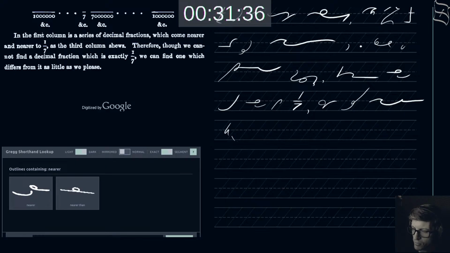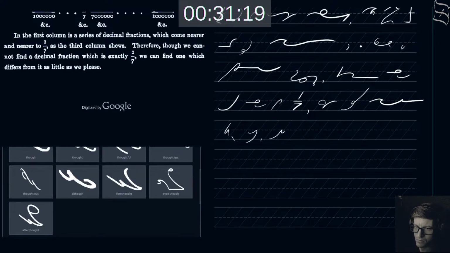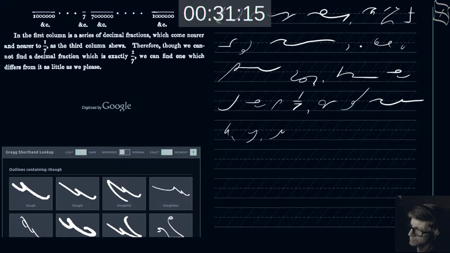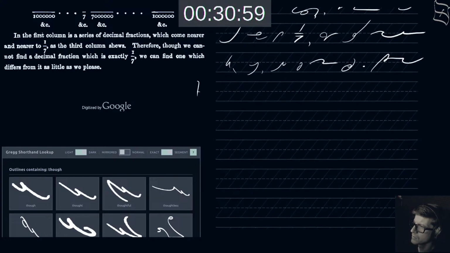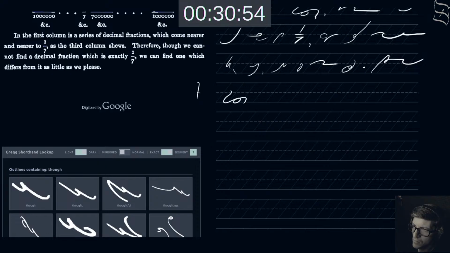Therefore, though we cannot find a decimal fraction which is exactly 1 over 7, we can find one which differs from it as little as we please.